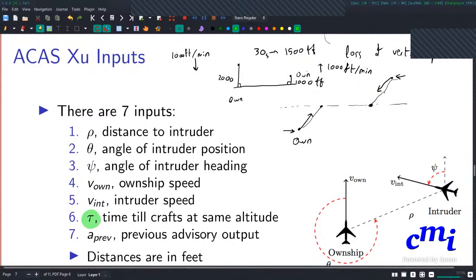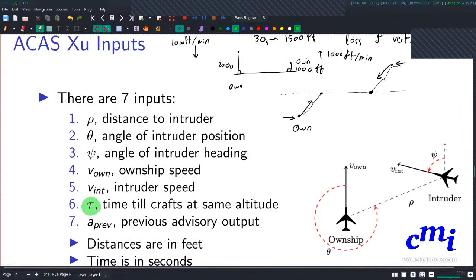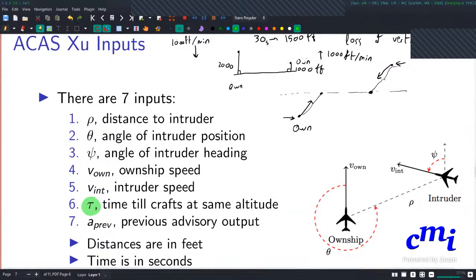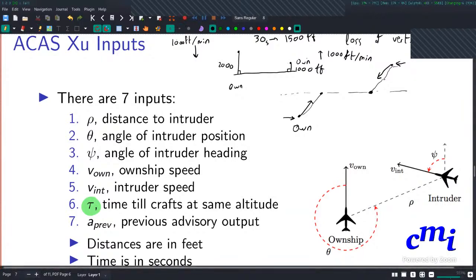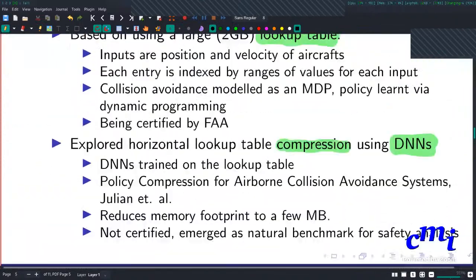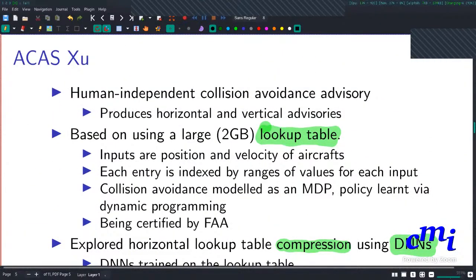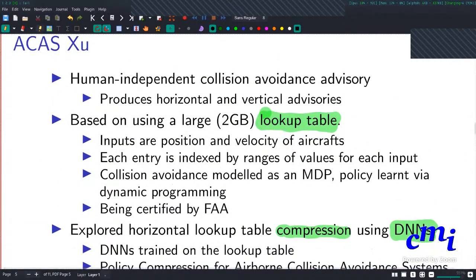So is that clear? And notice that this, in some sense, doesn't give you the complete information as to who's climbing and who's descending and so on. Okay, one more thing I should probably have mentioned in the beginning: as I mentioned previously, there were two aspects of this ACAS system, right? There's a horizontal lookup table and a vertical lookup table.